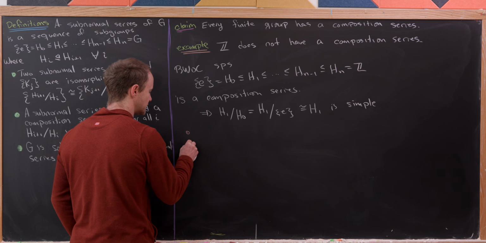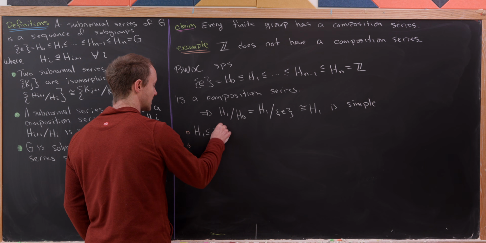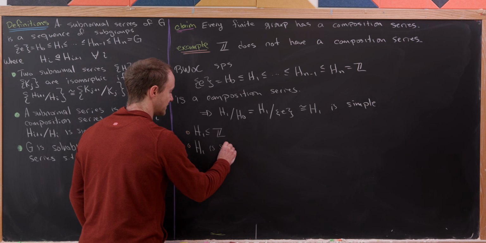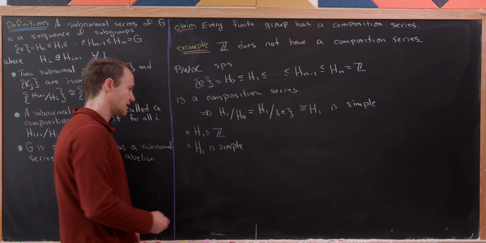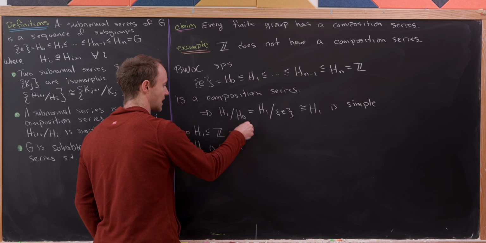Okay, cool. So that's really two things here that are important. Let's see what those two things are. First of all, H_1 is a subgroup of Z, and H_1 is simple. So we have a simple subgroup of G. But we'll see that that pretty much quickly gives us a problem.